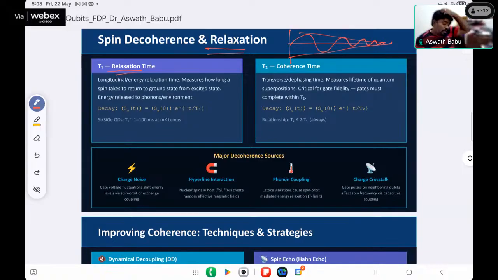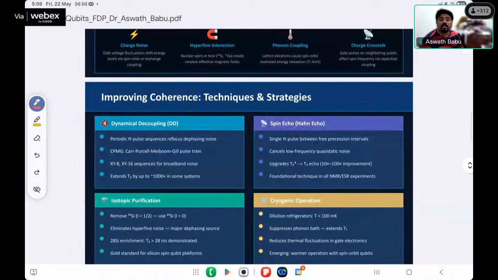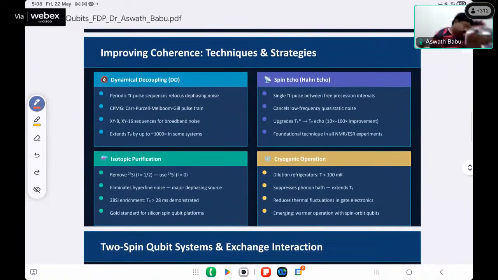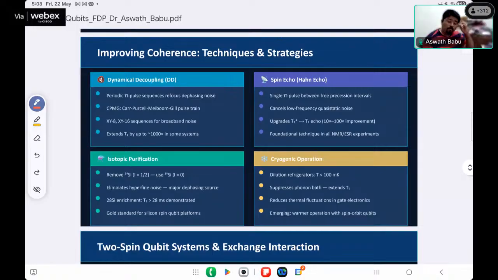So that is the quick damping. It can happen from the lifetime of excitation, or it can happen from the lifetime of the oscillations itself. Those are referred to as T1 and T2 relaxation times and coherence times. By nature, spin qubits are known for longer coherence times, but you can improve further by using several techniques.